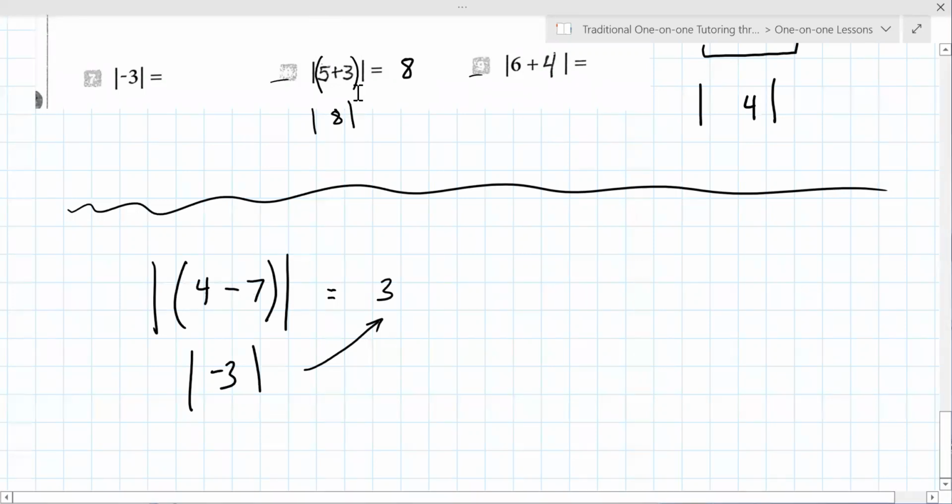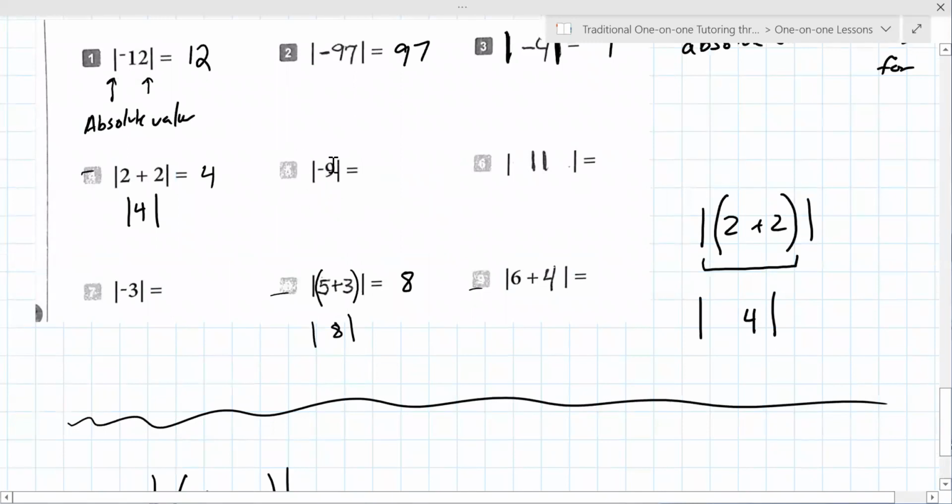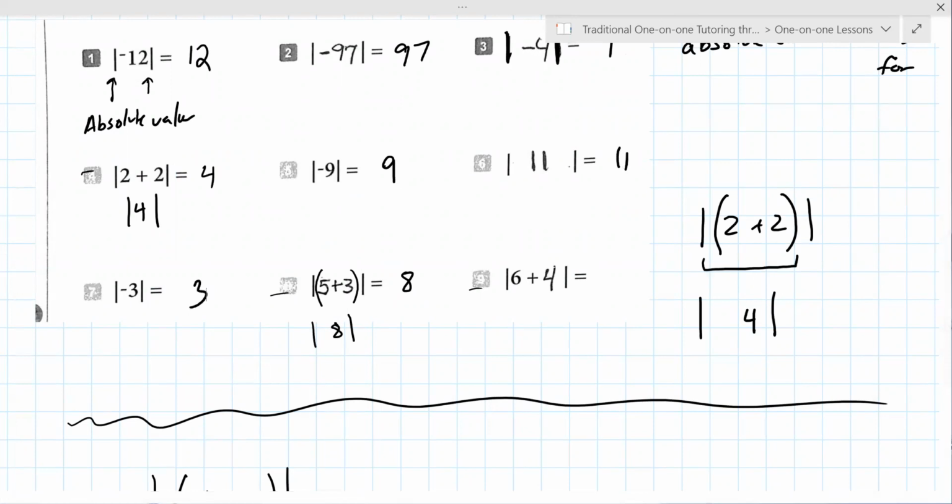Okay, so let's finish up the rest of this page here. What is the absolute value of -9? 9. And the one on the right here is the absolute value of 11. 11. Good. 3. Good. And then let me snip in the rest of these on this page. Right now I'm at 13. Excellent.